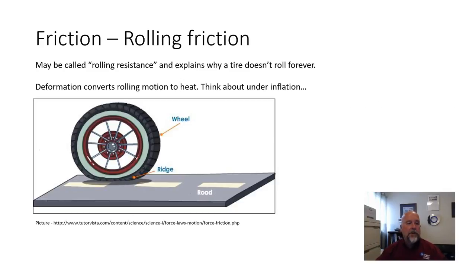So we'll continue. Rolling friction is a little bit of a different animal, and sometimes referred to as rolling resistance. It explains why a tire doesn't roll forever, right? In this picture you'll see the tire is deformed as it rolls along the ground.